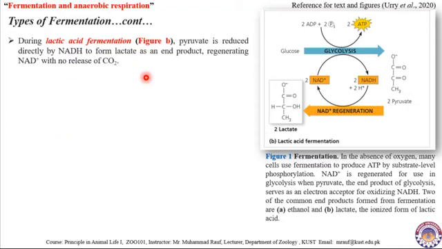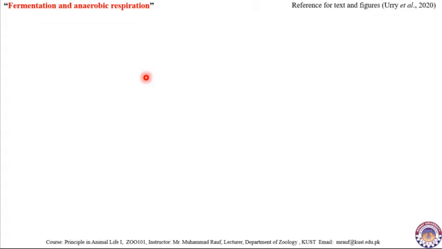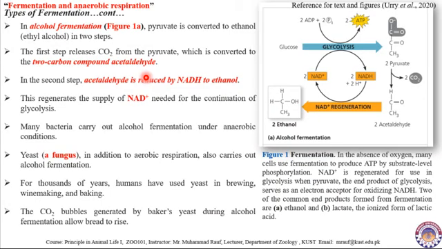Now here is just to shed some light on that structure. Here glucose enters glycolysis and 2 net ATPs are produced, and 2 molecules of pyruvate are produced. Remember, this 2 signifies 2 molecules of pyruvate.